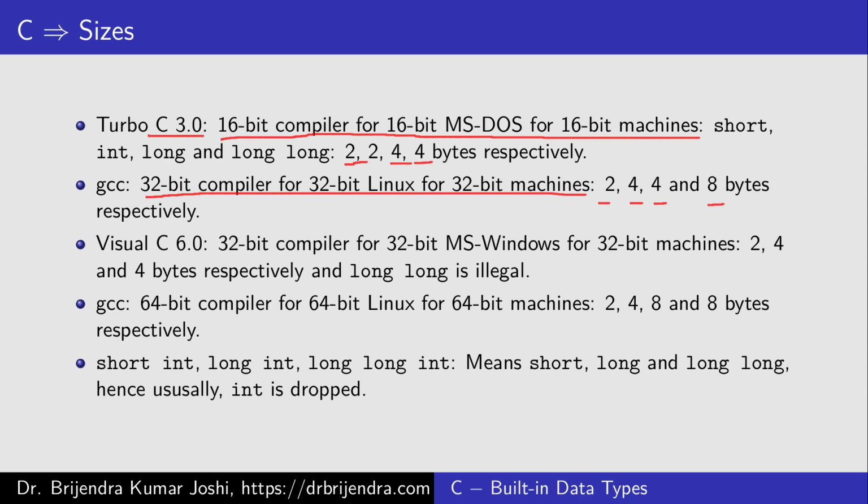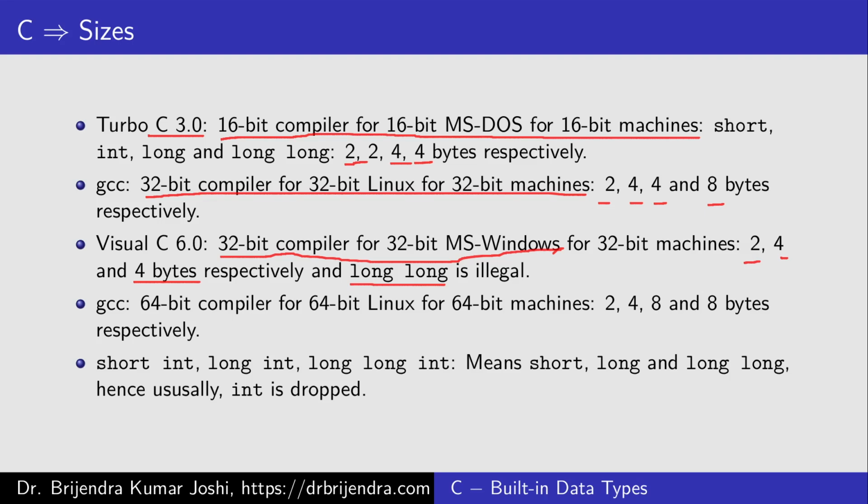Similarly, Visual C 6.0, which I have worked on, and these numbers I tested myself, was a 32-bit compiler for 32-bit MS-DOS on 32-bit machines. Short was 2 bytes, int was 4 bytes, and long was 4 bytes, whereas I found long long was illegal. It means Visual C 6.0 does not support long long.